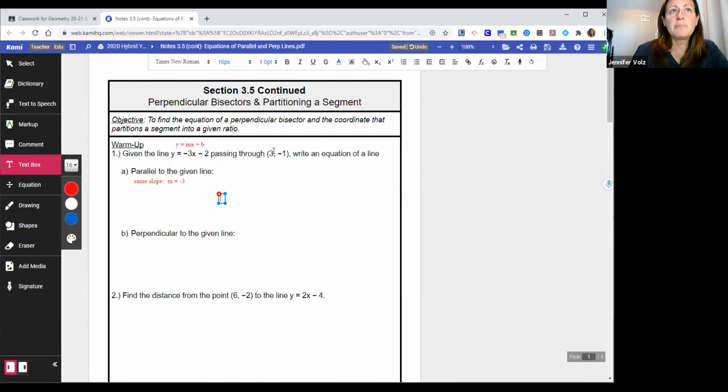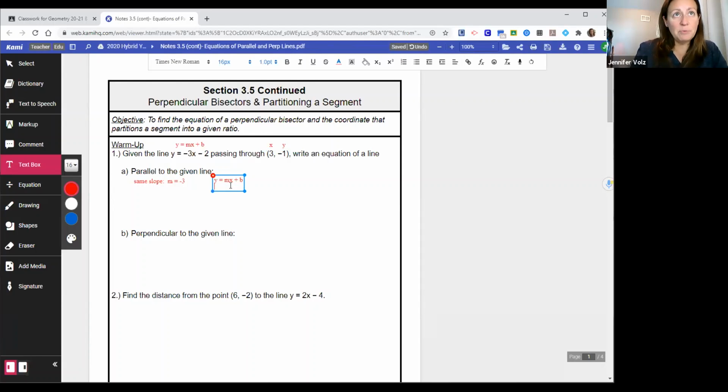Then we want to make it pass through 3, -1. So here's where I'm going to label up here. This point we're going to consider to be a pair of values x and y. And we're going to start with the equation y equals mx plus b, but we're going to fill in what we have.